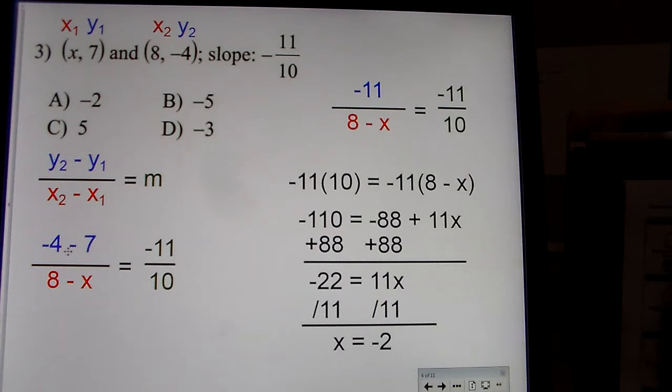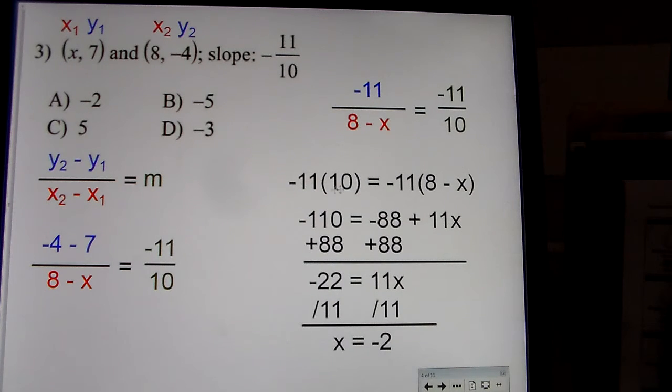We then substitute things in. y2 is -4. y1 is 7. So -4 minus 7 divided by x2, which is 8, minus x down here below. And our slope is -11/10. We then simplify things down. -4 minus 7 is really -11. 8 minus x. Everything's all set up nice and pretty, so now we're going to cross multiply.